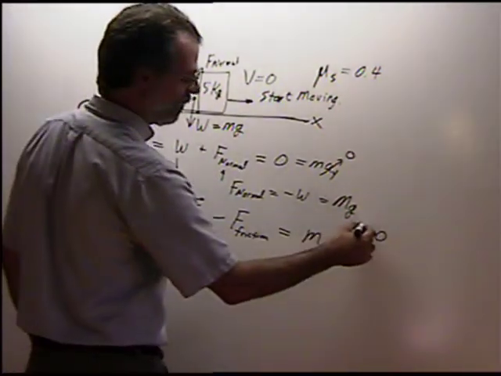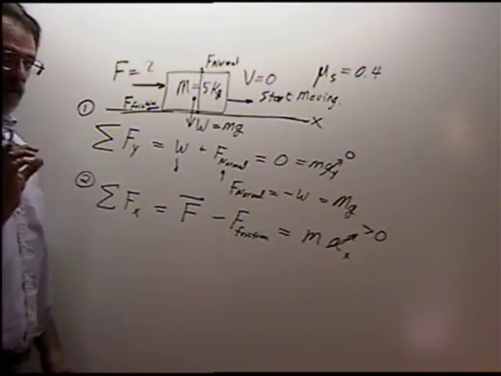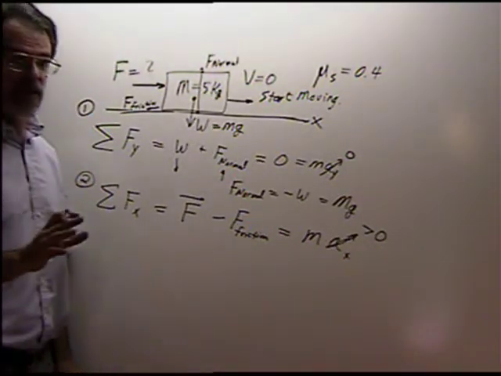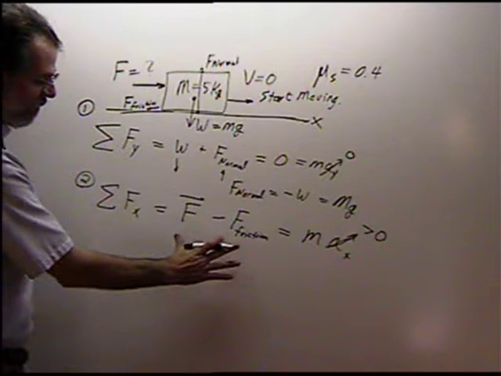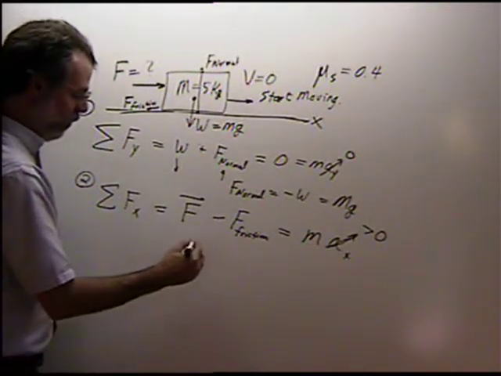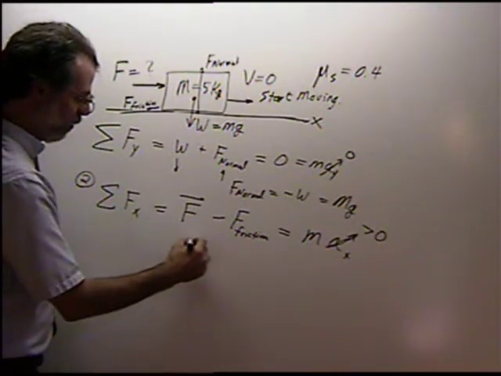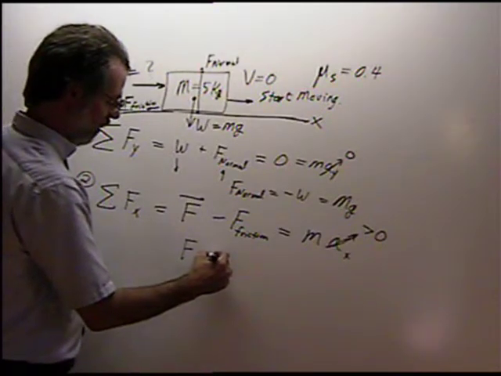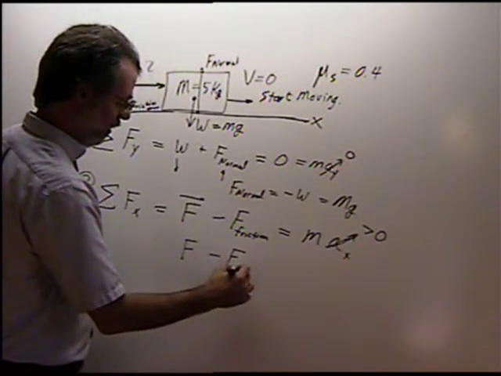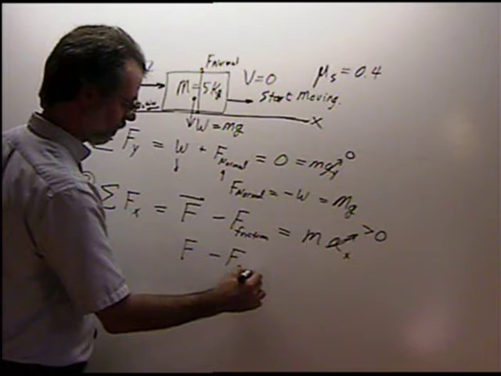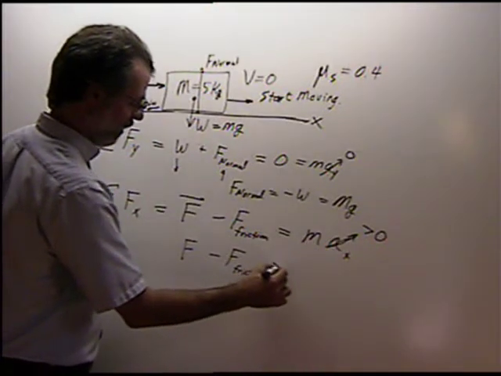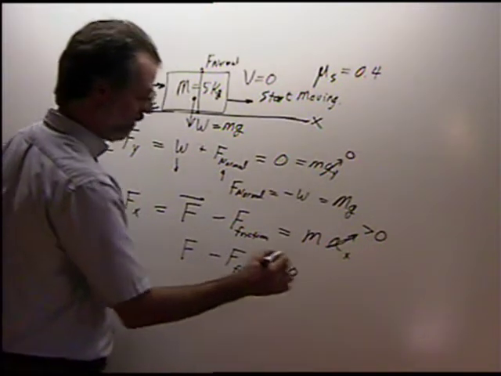But if it's ever so slightly greater than 0, the box starts to move, correct? So we have to solve for the condition when the force minus the friction force is just a little bit greater than 0.